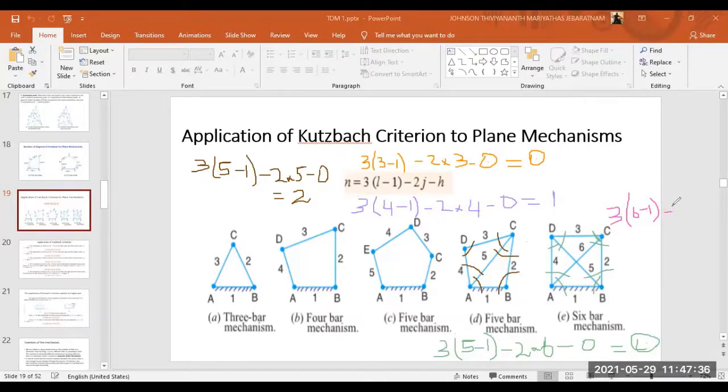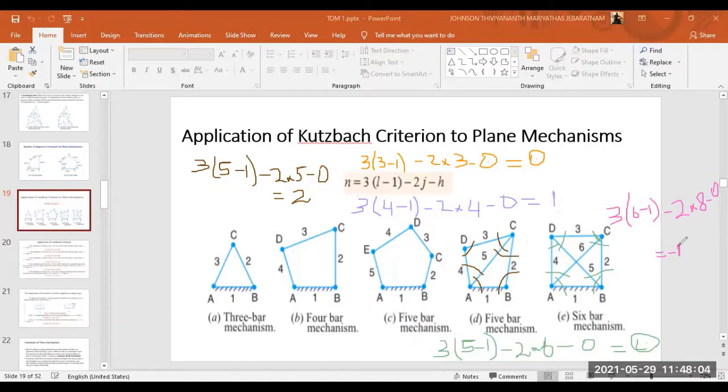I have counted 8. 2 into 8, minus h, which is 0. So when I solve it, 6 minus 1, that is 5, 3 into 5, 15, minus 2 into 8, 16. 15 minus 16 is equal to minus 1, right?